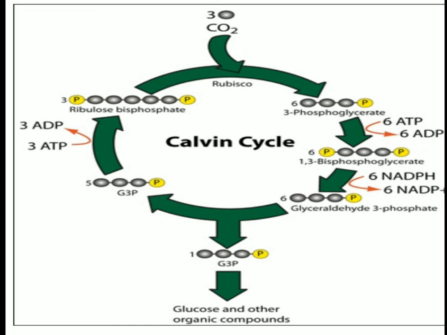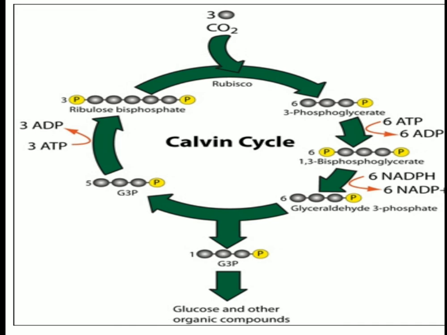The third step would be dealt with under the heading regeneration. Regeneration of the carbon dioxide acceptor molecule is crucial if the cycle is to continue uninterrupted. The regeneration step requires 1 ATP for phosphorylation to form ribulose phosphate back.